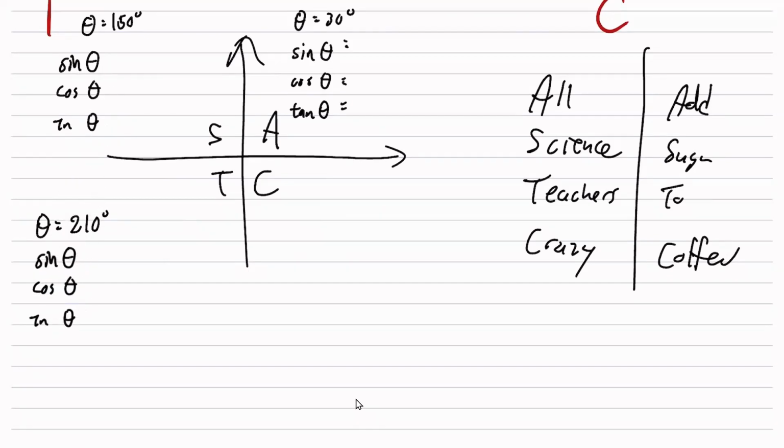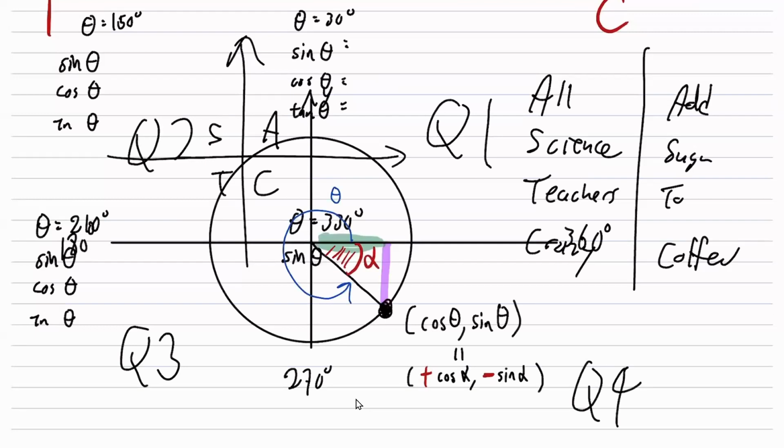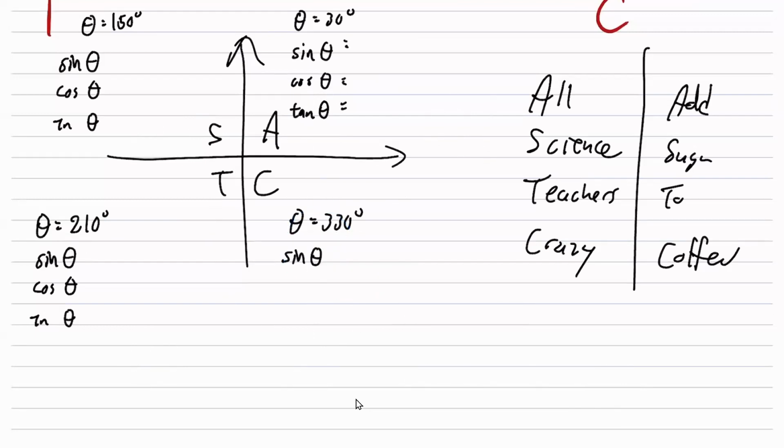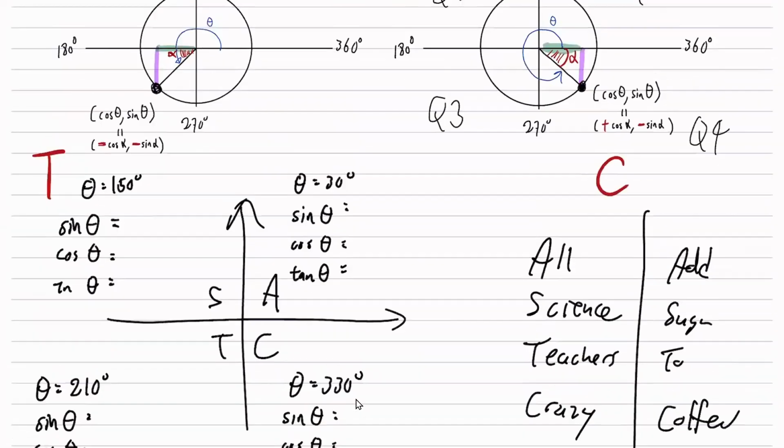Likewise for the other case, if it's 330 degrees, find out what is sine, cosine, and tangent. Does it make sense, the instructions? So should I go through now or should I assign as homework? I think it's better if I go through now.